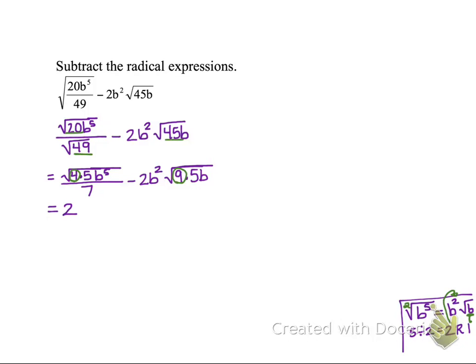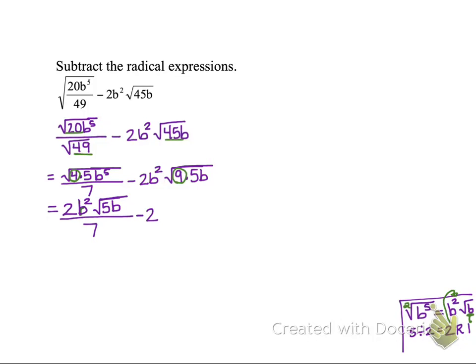Okay, so let's go back over here. So this is going to become 2b squared times the square root of what's left over, which is 5b, because the 5 is not a perfect square, and then there's 1 power of b left over. And this is all over 7.